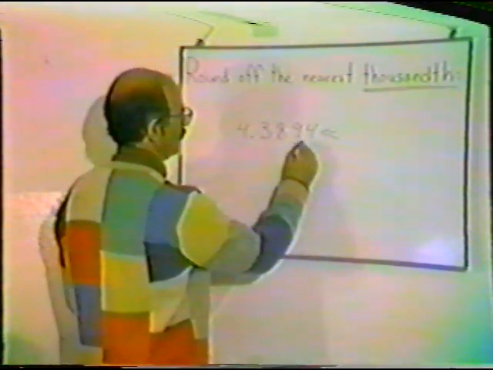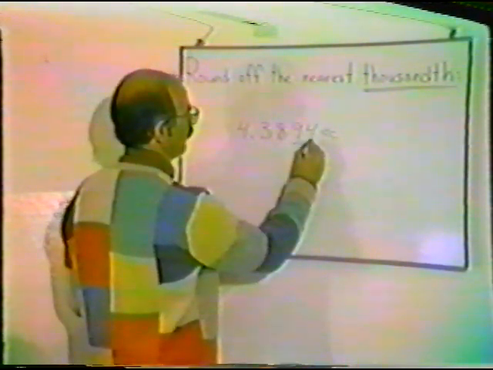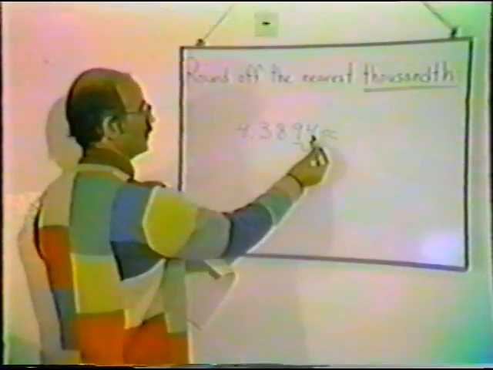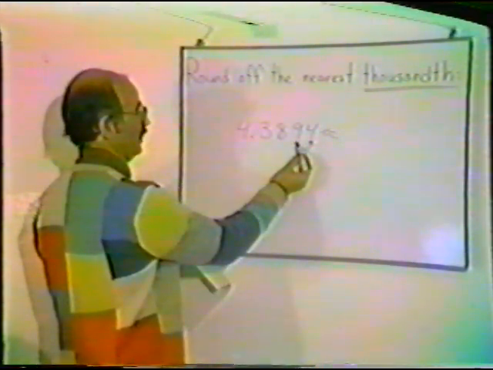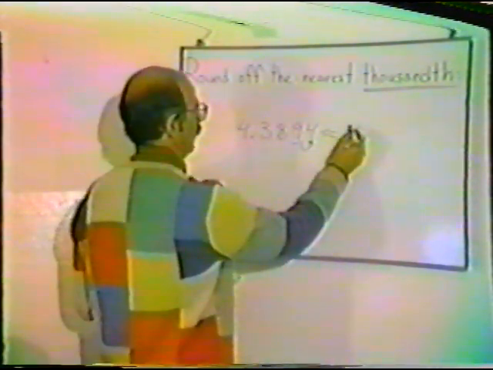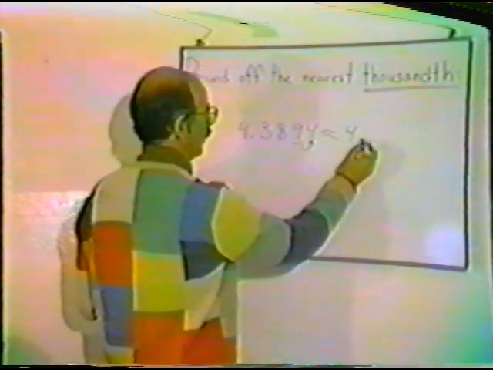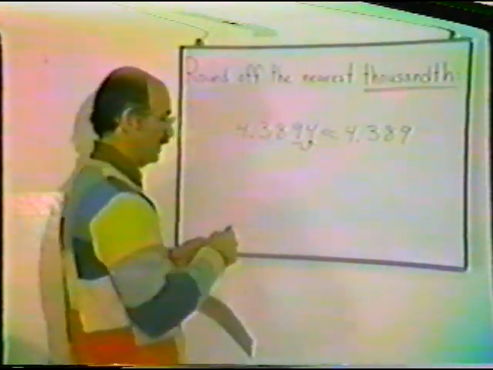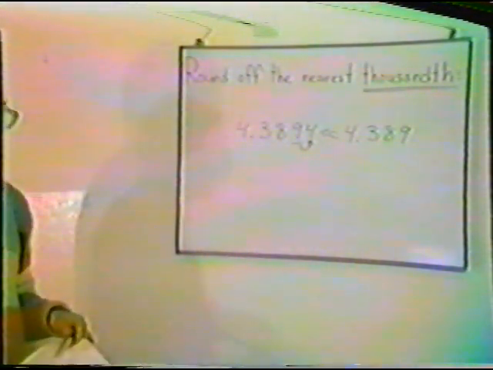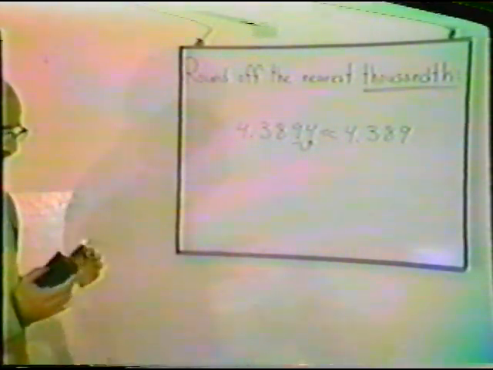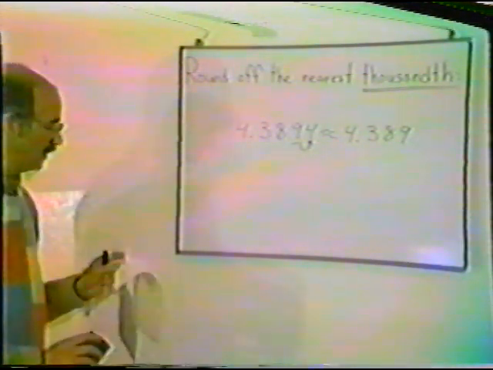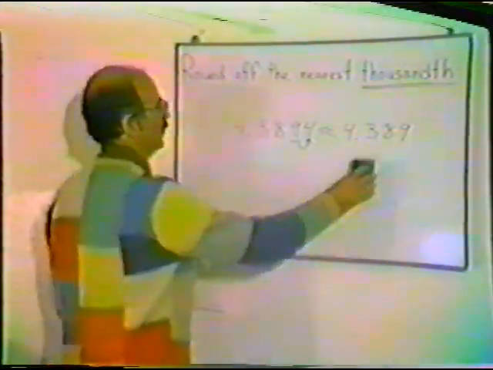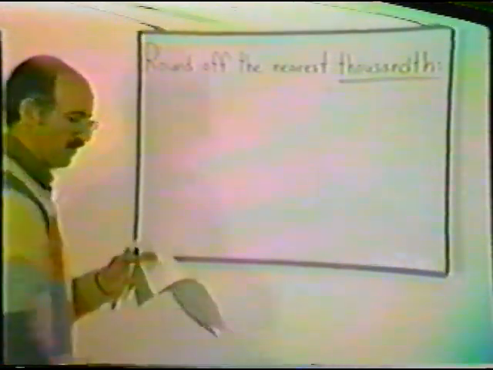We underline the 9 and we point to the 4. The 4 tells us that what happens to the 9? It stays the same. And we write 4.389. Please read that answer. 4 and 389 thousandths. Yes. Here's another one.